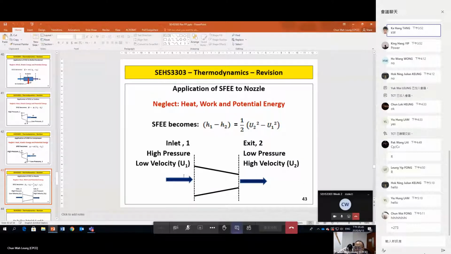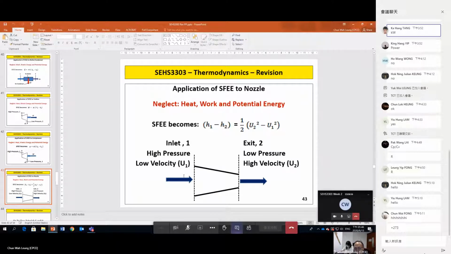But here, be careful, because the right-hand side change in kinetic energy usually has the unit of joule. But on the left-hand side, the unit of the enthalpy is usually kilojoule.